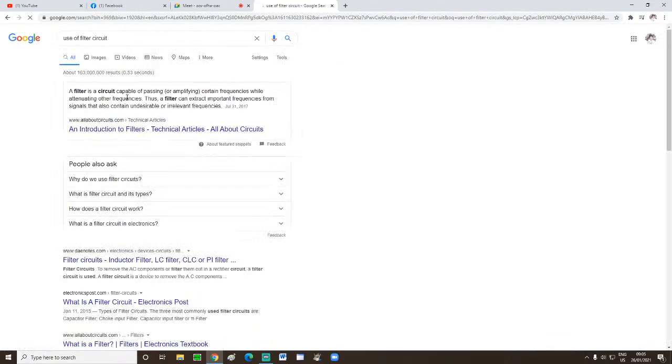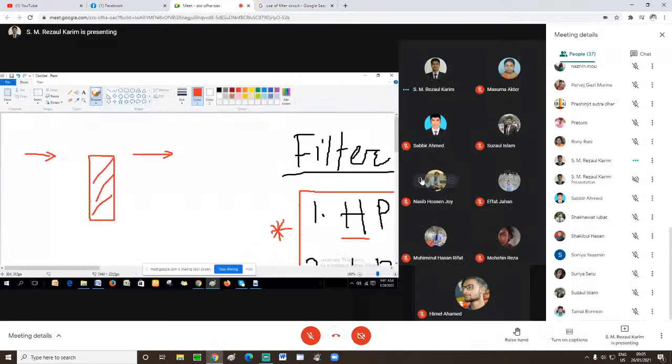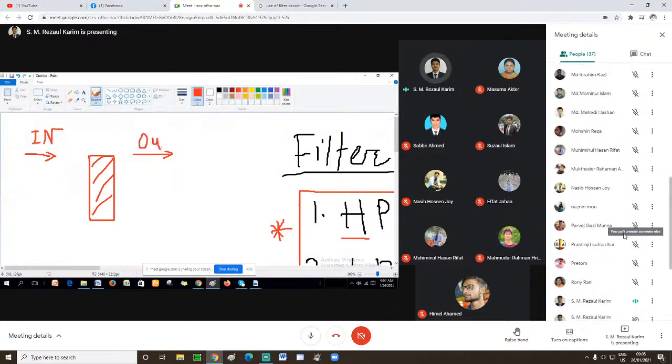From this side you will give input, and here you will get your output. Suppose the left side is the input terminal, and the right side is the output terminal.